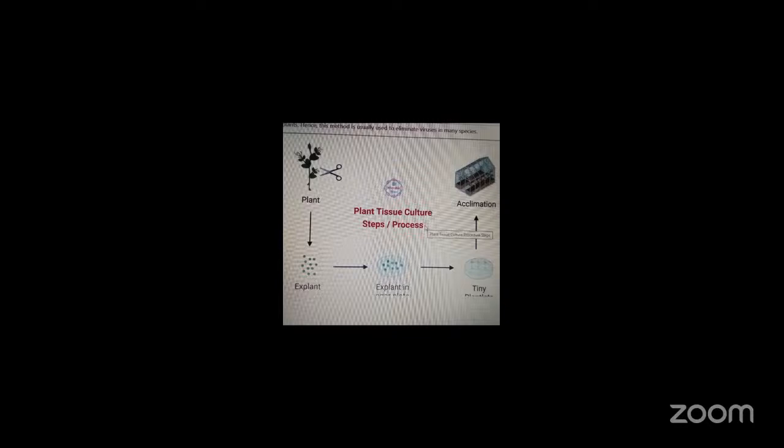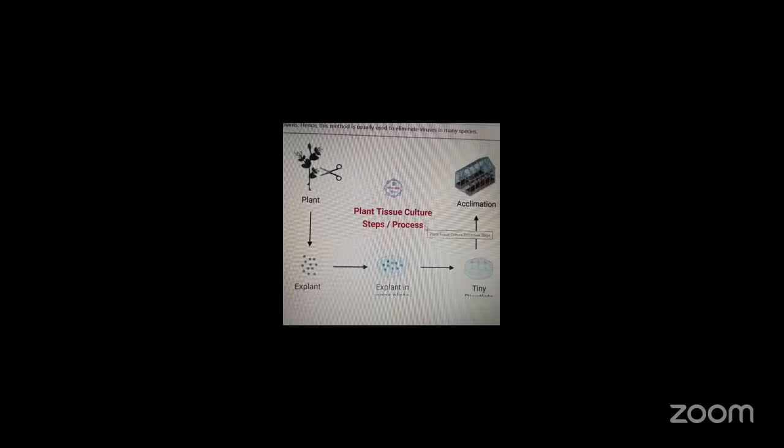Indirect somatic embryogenesis is usually used in the selection of desired somaclonal variation and for the production of transgenic plants. Encapsulated somatic embryos are known as synthetic seeds.